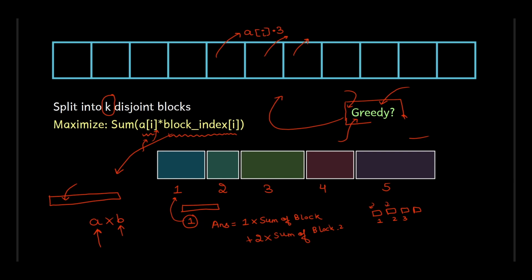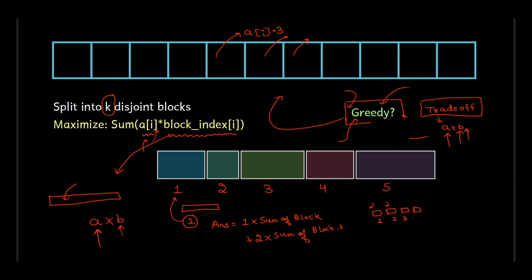So you can see that there is definitely a trade-off over here. Whenever you encounter a situation where you want to maximize a into b, and increasing this comes at a cost of decreasing this, and increasing this comes at a cost of decreasing this, then there is definitely some dynamic programming involved. So anytime the word trade-off comes in, there are only two possibilities.